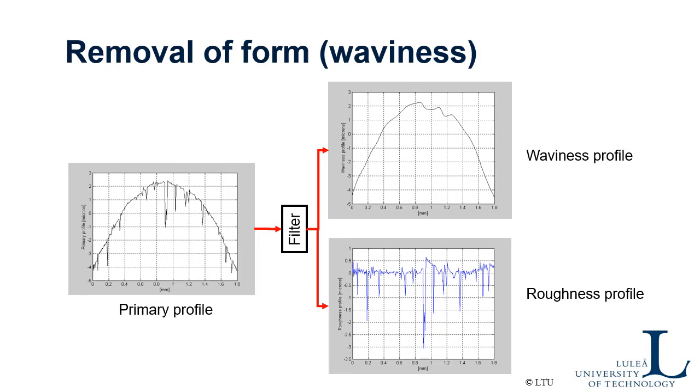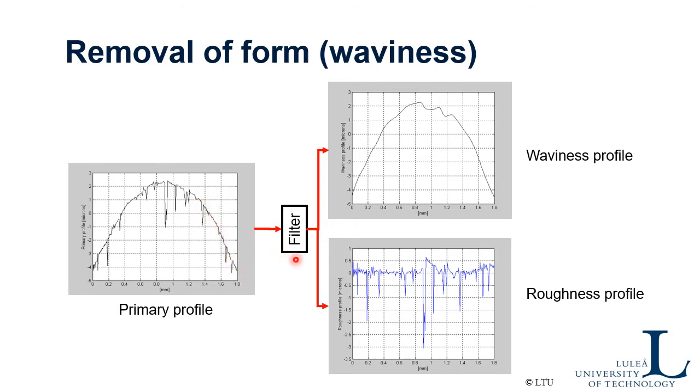In this example, I have a gear tooth from a gearbox, and you can see that the shape here is from the gear tooth shape itself, but on top of that you have some roughness, some variations from that form.